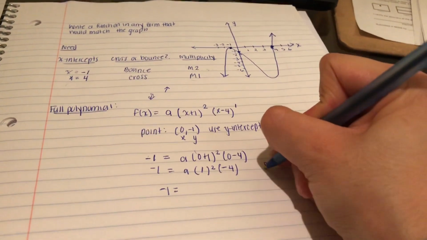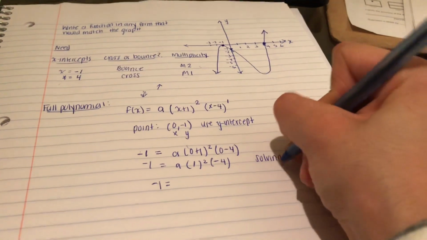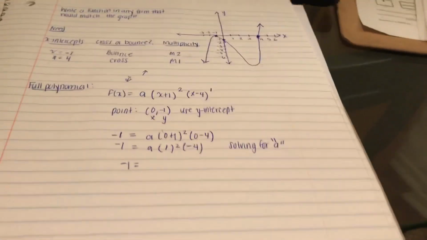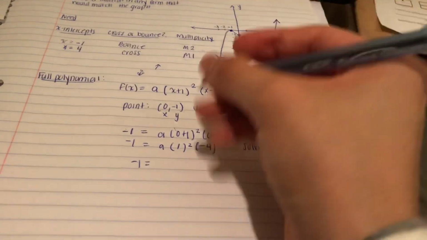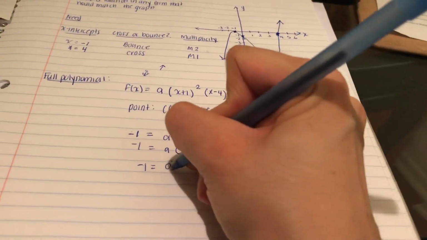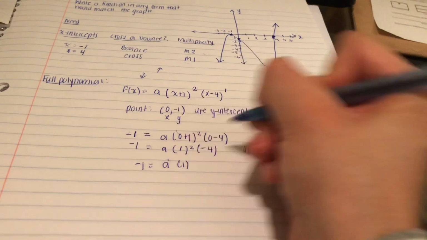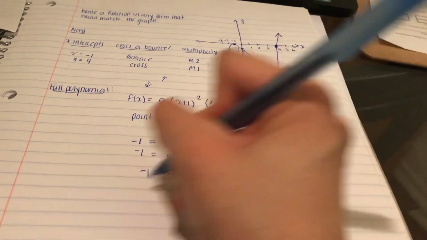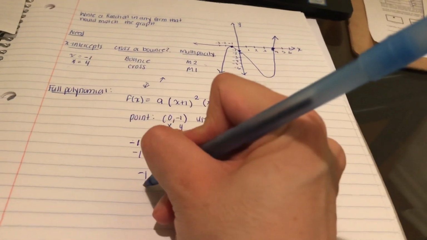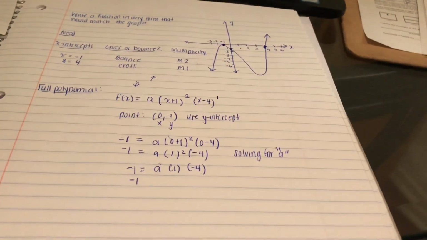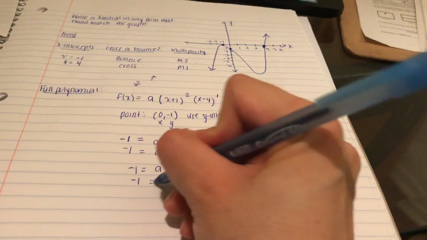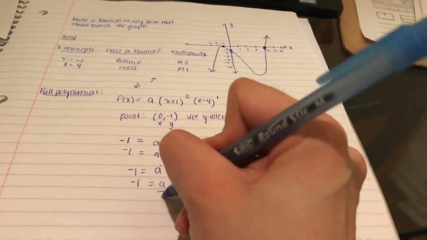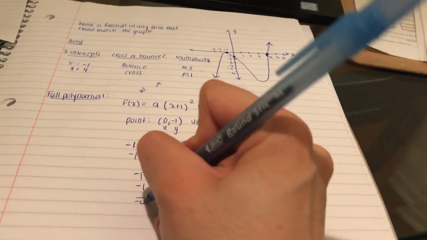I'm solving for a, because I want to find that leading coefficient. So that is a times 1, because 1 squared is 1, times negative 4. Negative 1 equals a times negative 4. Divide both sides by negative 4.